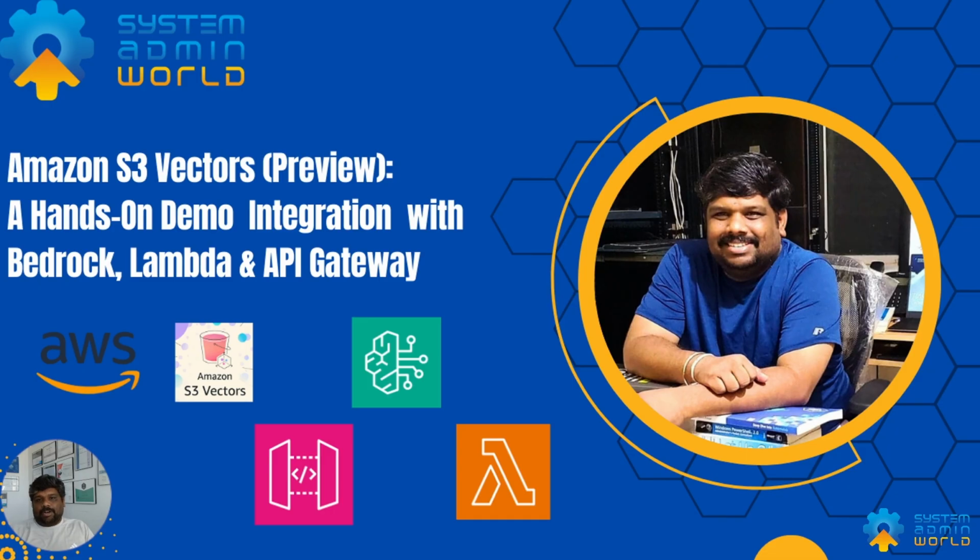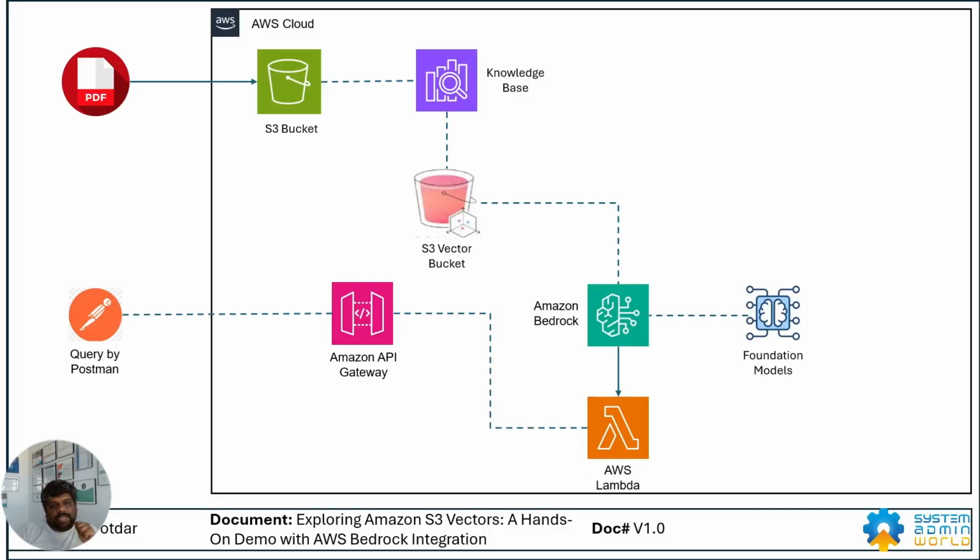Before jumping into the practicals, I want to take you through the architecture, what we are going to do today, and how the request flow will work in the design. We are going to use a PDF as our food industry analysis data. Then we have an S3 bucket to which we will upload those PDF files, and we will enable the knowledge base with S3 vector bucket functionality under Bedrock, which will use a foundational model in the backend.